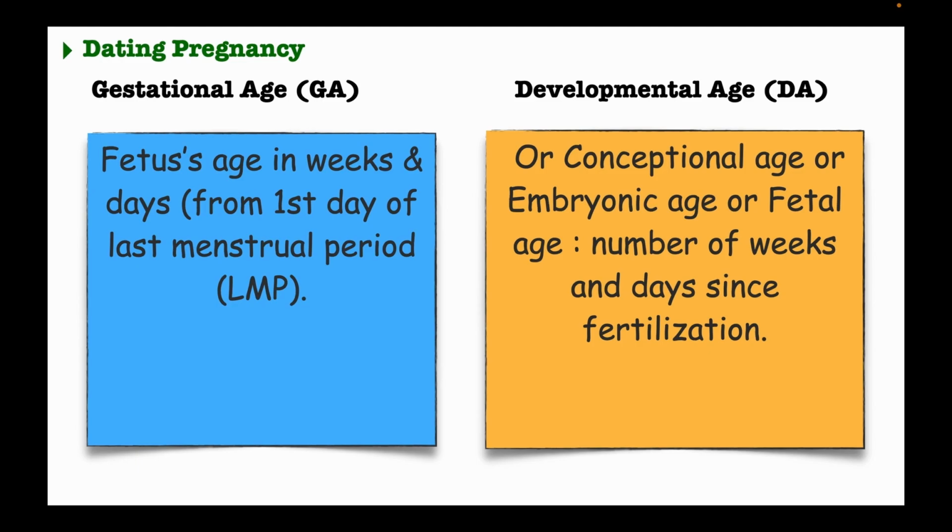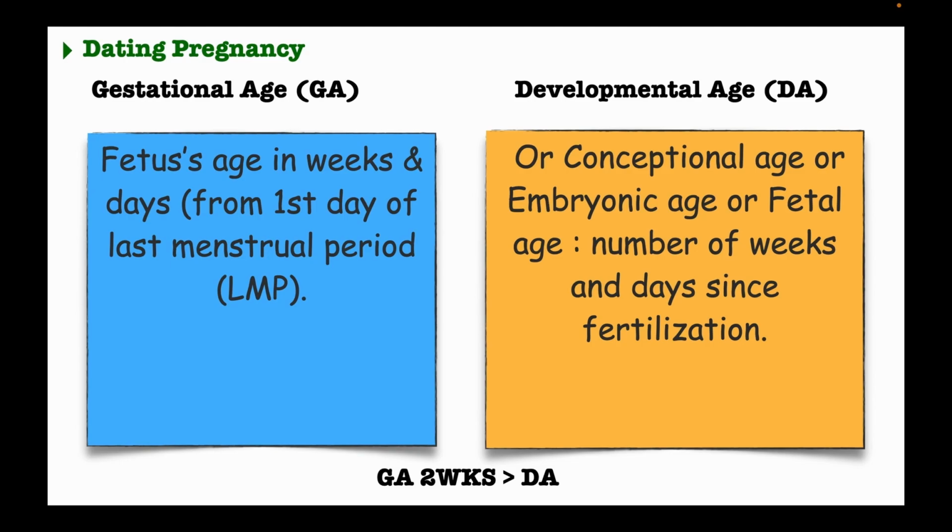And so, because fertilization usually occurs about 14 days after the first day of the last menstrual period, the gestational age is usually 2 weeks more than the developmental age.